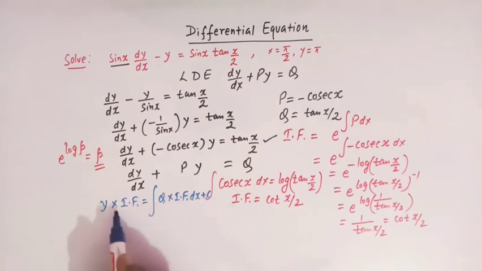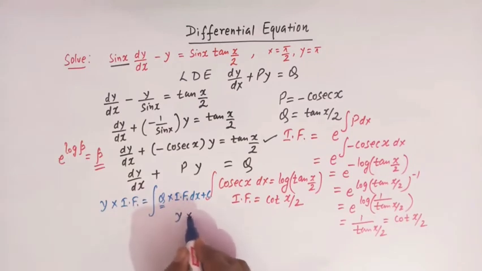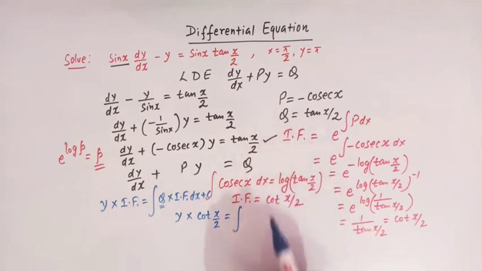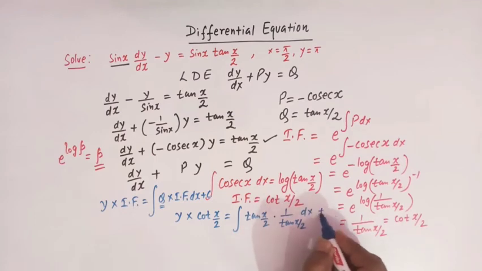Now we'll substitute the values of the integrating factor and q. So we have y times cot(x/2), and here we have the integral of q, which is tan(x/2), times the integrating factor cot(x/2), which can also be written as 1 over tan(x/2), dx plus c.